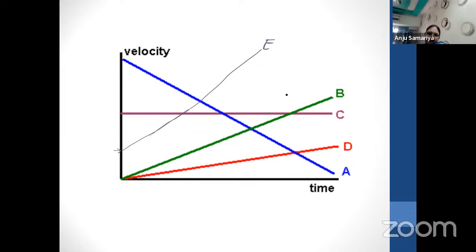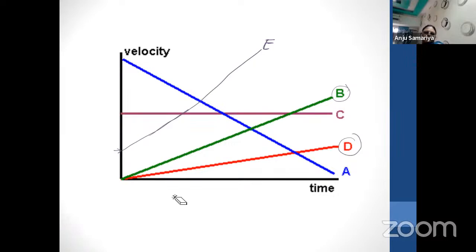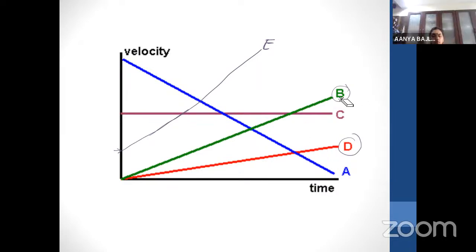If you compare graph B and D, which one will have more velocity? Can you repeat?